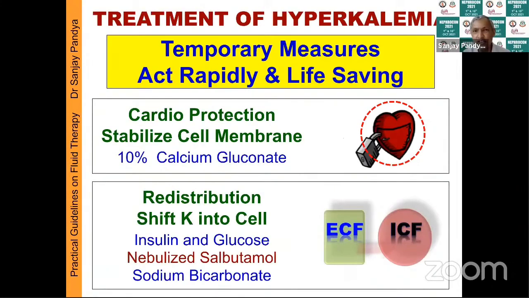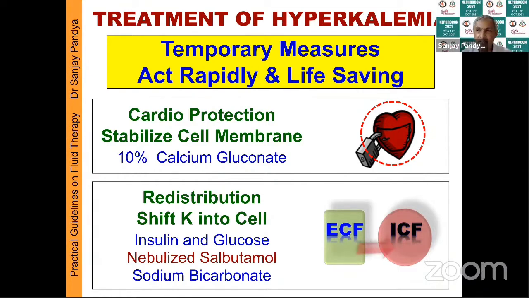We can divide these measures into two parts. Number one is the temporary measure for cardioprotection: calcium gluconate. Second, temporary measures that will not eliminate potassium from the body but will shift ECF to ICF potassium: that is glucose insulin, nebulized salbutamol, and bicarbonate therapy.